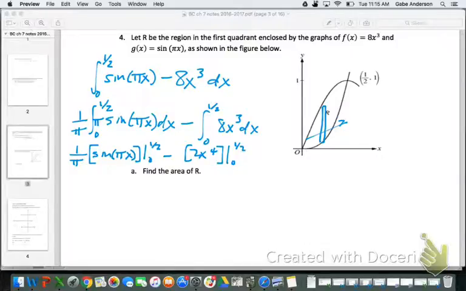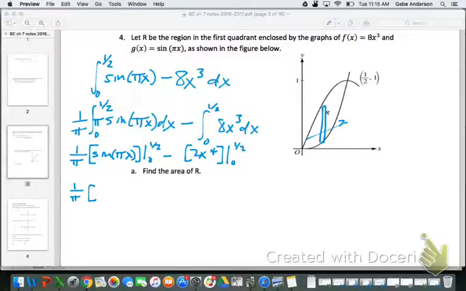Still hanging in there? Any questions so far? Okay, so we just have a couple of FTC 1s to do. So it would be 1 over pi, and let's see, sine of pi over 2. Hold on, will you integrate sine? Oh, what am I doing? Let's go with negative cosine. Sorry, that's just a little oops there.